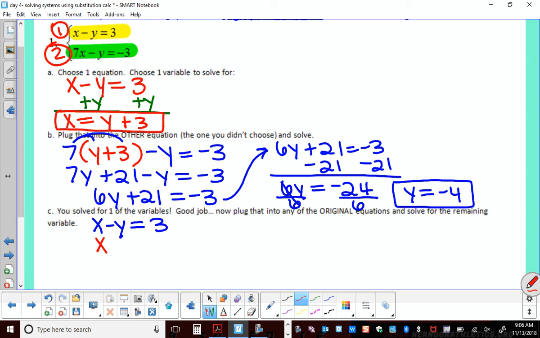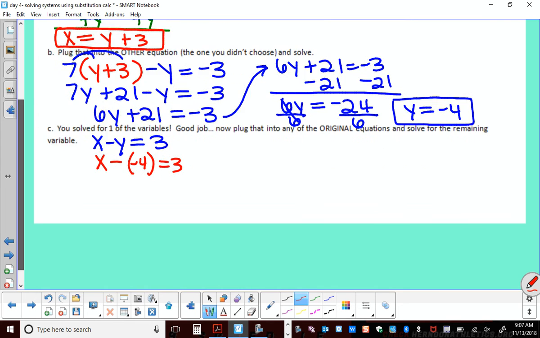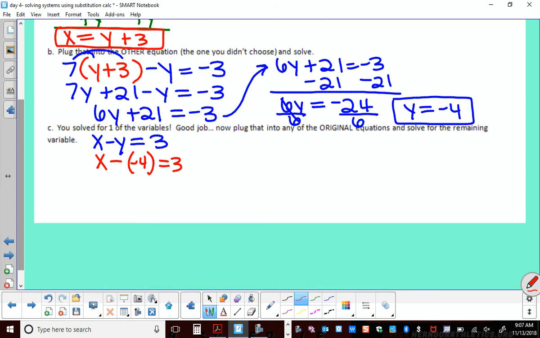All right, so I have x minus, instead of y, I'm going to write what? -4 equals 3. So I picked an equation, solved for x, plugged that into the other equation, got my y, and plugged that back into the original. It's like a little cycle.